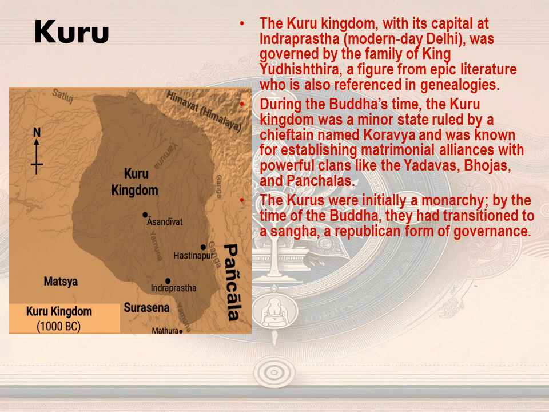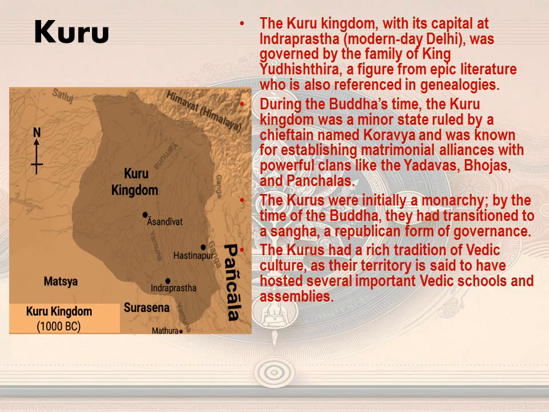Kurus were initially a monarchy. By the time of Buddha, they had transitioned into a Sangha or a republican form of governance. As we have seen in the governance structure of Malla, Kurus also started with being a monarchy as it is referenced in Mahabharata, but with the passage of time it became a republican form of governance.